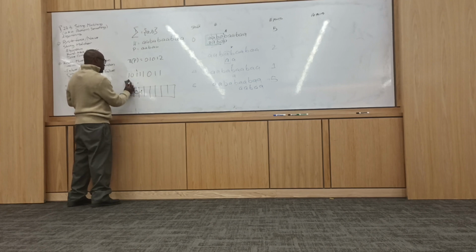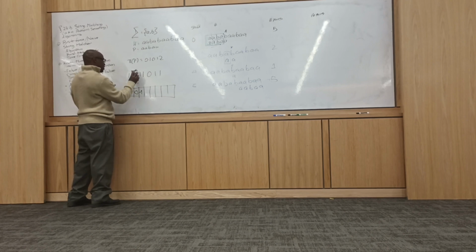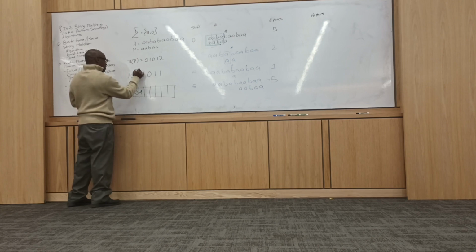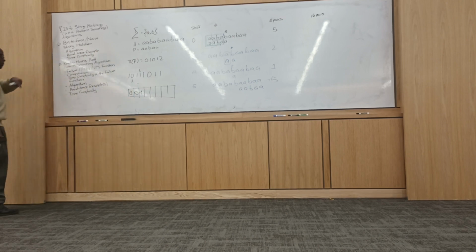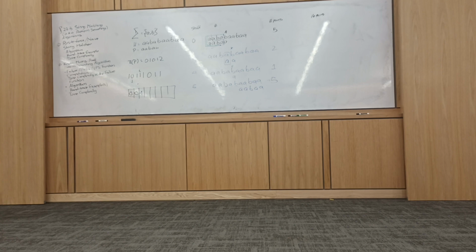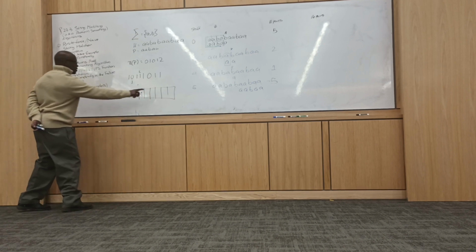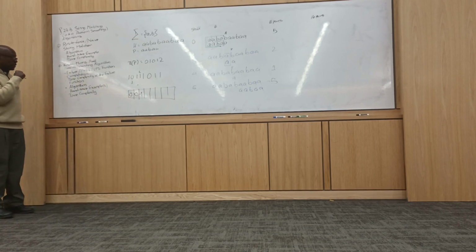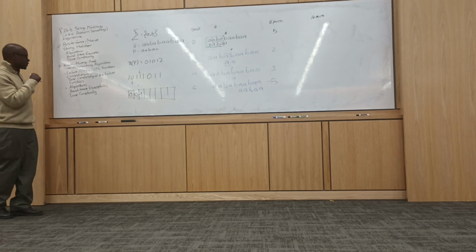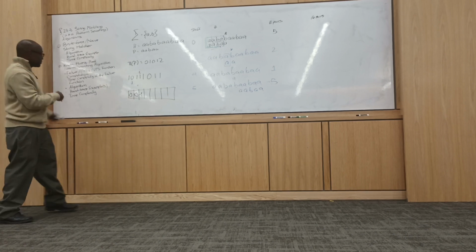I advance both J and I. Now, do I have a match? No. Since I don't have a match, I cannot extend this by 1. So what do I do? Well, I'm going to go back in time.